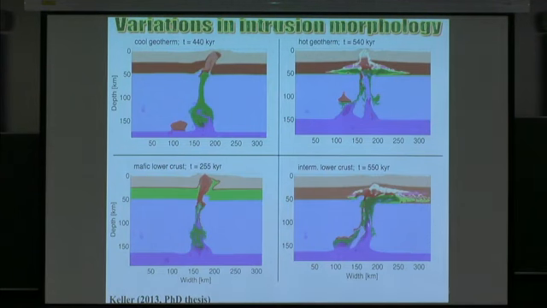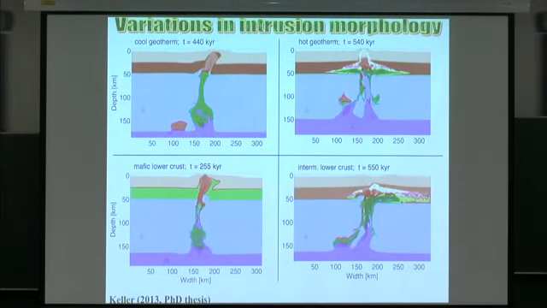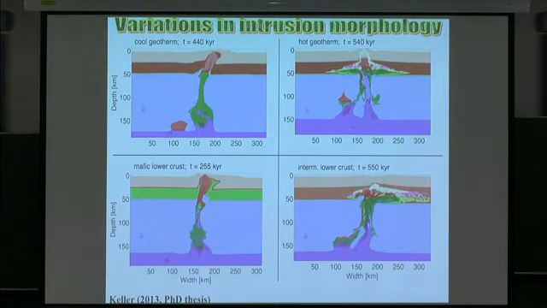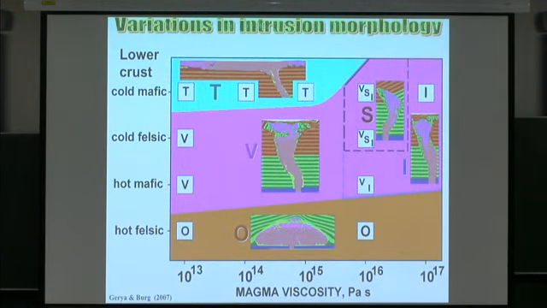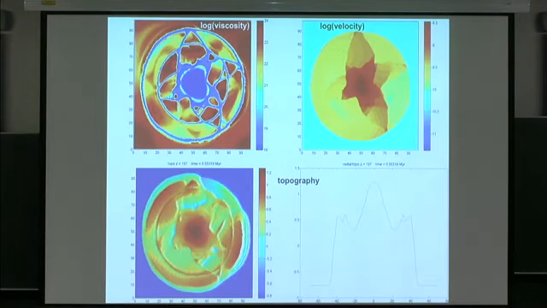Cold geotherm and mafic lower crust are promoting vertical intrusion emplacement, whereas hot geotherm and more ductile lower crust are promoting horizontal spreading of the intruding magma in the lower crust. So more or less these simplified single-phase flow models published in 2007 do seem to correspond to what is happening in two-phase flow systems.